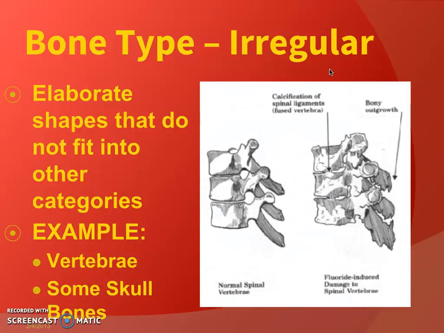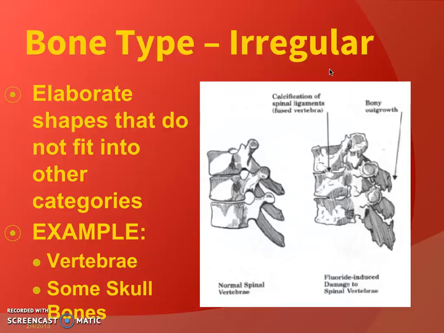Our next type is what we call irregular because it kind of fits in its own category. It's not very big, but it's bigger than the smalls. And it's not flat. It's got a whole lot of crazy points off of it. So that's why it's irregular. It doesn't fit anywhere else. Our examples here are our vertebrae, which is what the picture is showing you, because you can see our spinal cord.